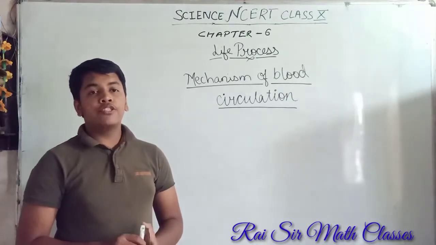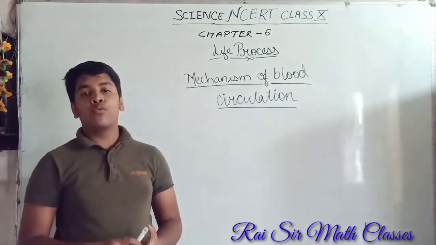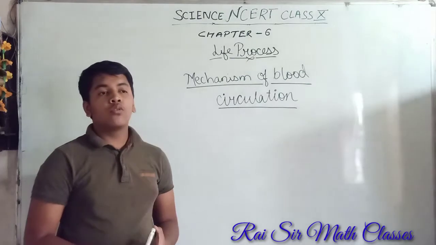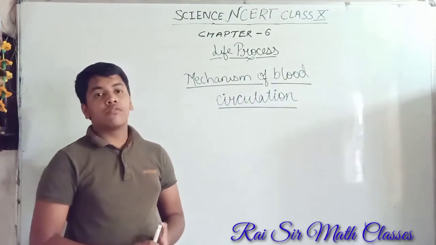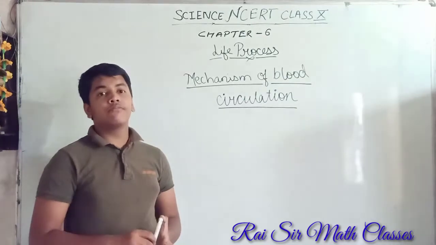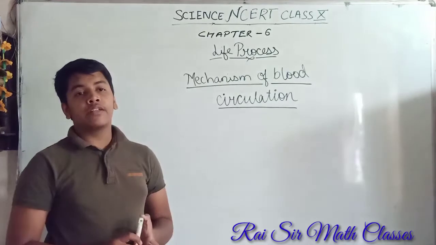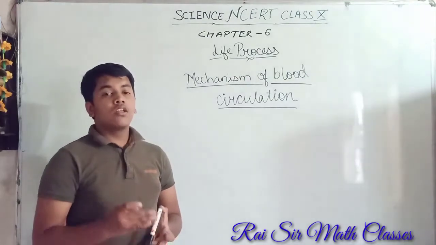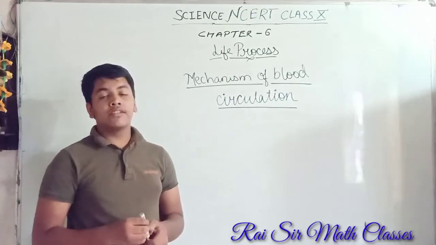When it is used by our body and becomes deoxygenated, blue-green in color, it goes back to the right atrium. From the right atrium, it contracts and goes to the right ventricle. From the right ventricle, the deoxygenated blood goes to the lungs.